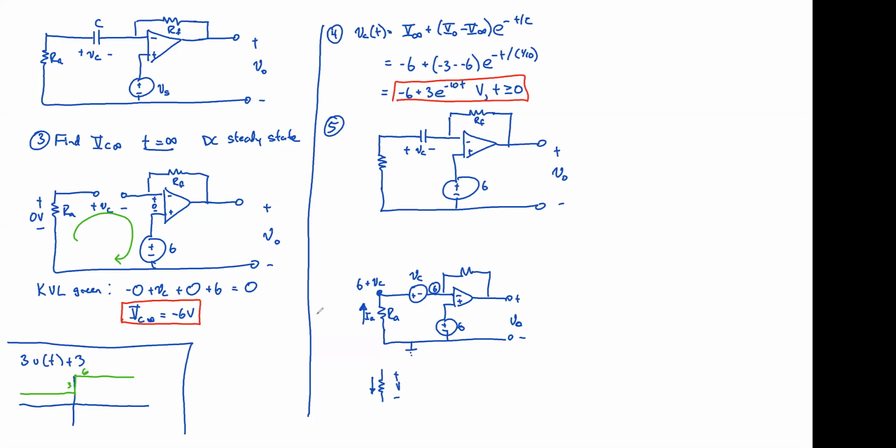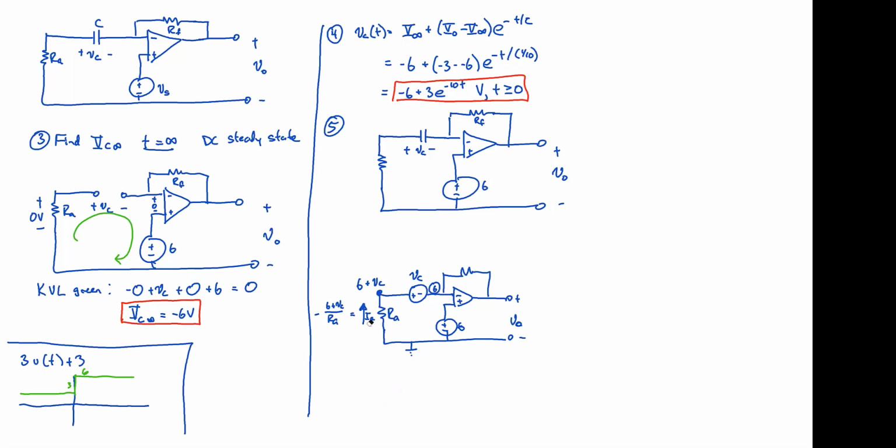So we just have to put a minus sign in front of it. I'm going to do it in the exact same direction so it's clearer: 6 plus VC over R sub A. And that's what I sub A is equal to. So that's one way to do it.